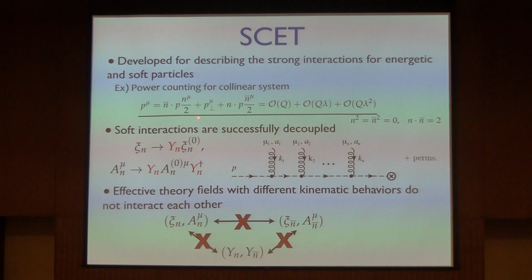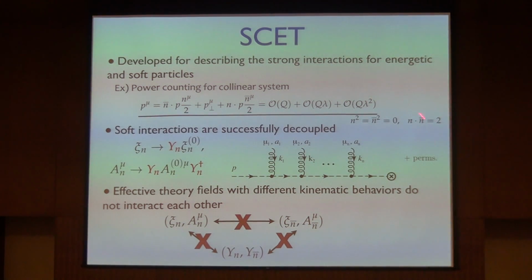Here I briefly introduce soft collinear effective theory. Soft collinear effective theory has been developed for describing the strong interactions of energetic and soft particles with systematic power counting. For example, if we consider an n-collinear system, here n and n-bar are two light-like vectors. n-bar is in the opposite direction of n.